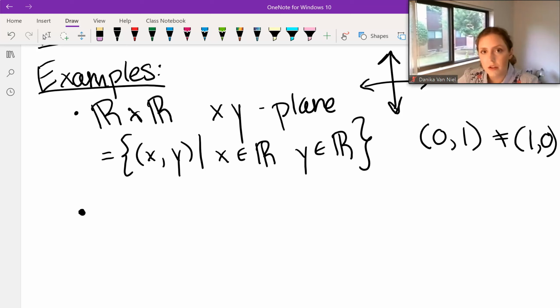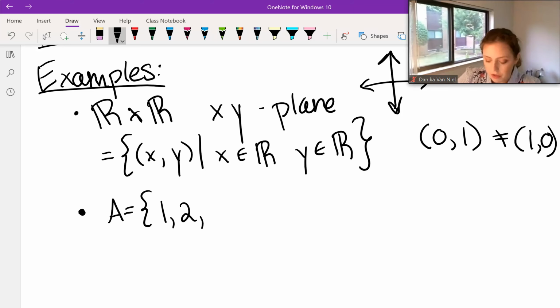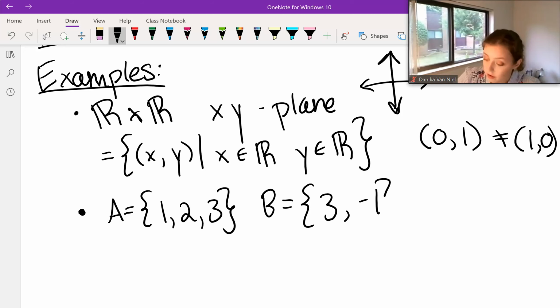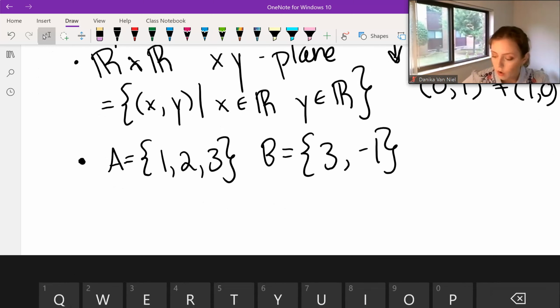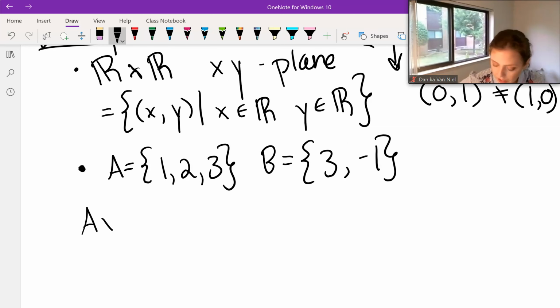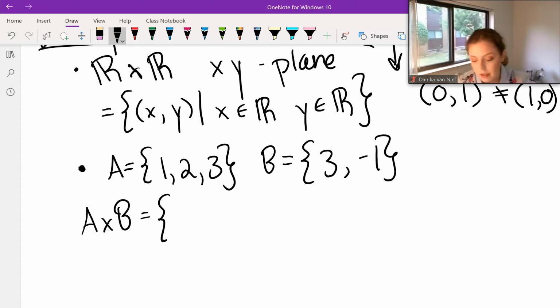Now let's consider an example where the sets are not equal on either side of the product. Okay, let's think about A is the set {1, 2, 3}, and B is the set {3, -1}. So then who is A cross B? We just defined it, but since these are such small sets, we can totally just write them out.